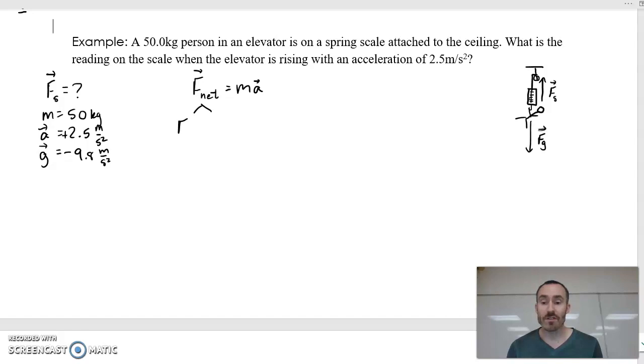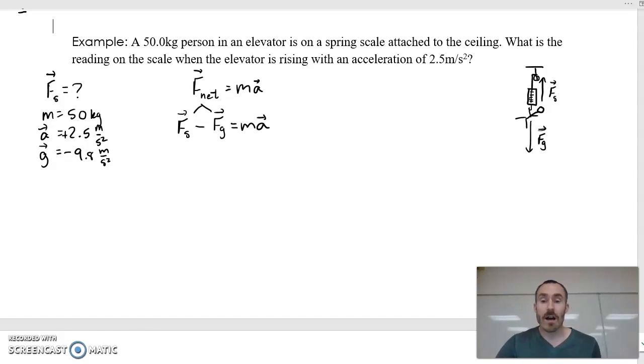The spring force is going to be upward. The force of gravity is going to be downward, so I'm making that negative. I did, again, put a negative on the 9.8, but I'm taking that negative and putting it out front in the force of gravity, so I don't also need to put it in the 9.8 now. Equals ma.